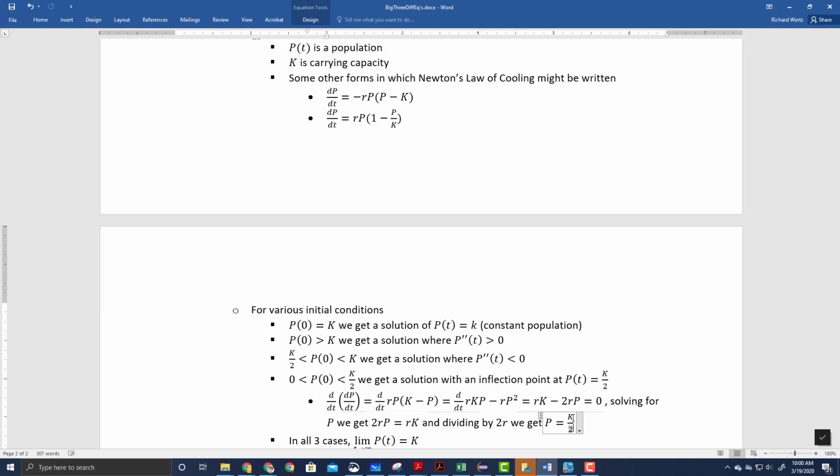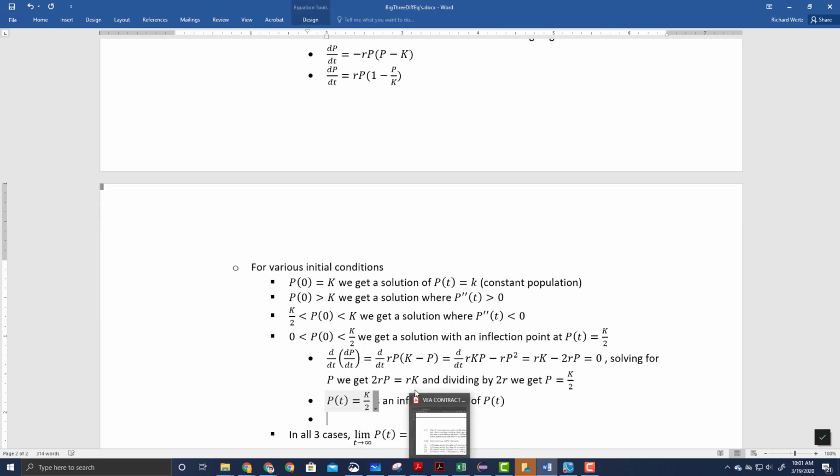So you can see that this special place in the logistic model, where basically half the carrying capacity, is a special spot. And it's a special spot for a couple reasons. One is that it's an inflection point of the solution in this case. We'll say that K over 2 is an inflection point of the particular solution.